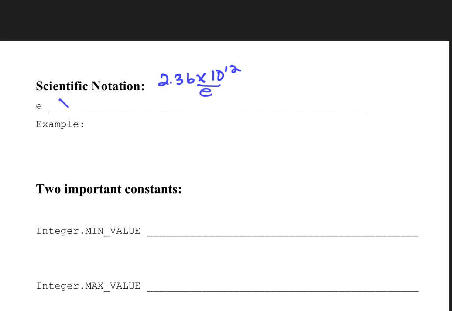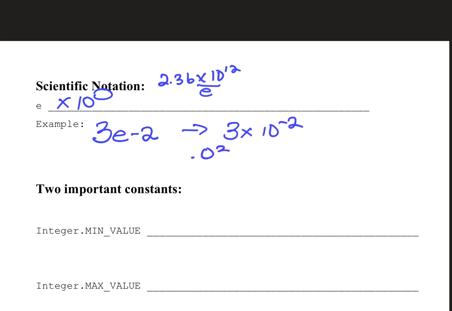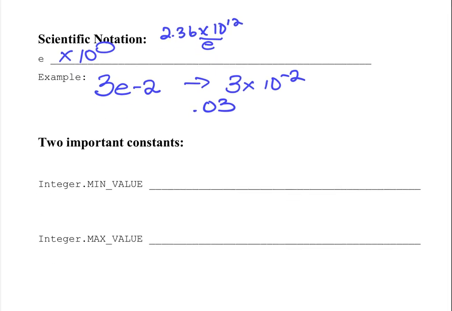E stands for times 10 to the power, and the next number that comes is the exponent. So 3e negative 2 would be the same as 3 times 10 to the negative 2 power, or 0.03. So that's E for you if you want to use it.